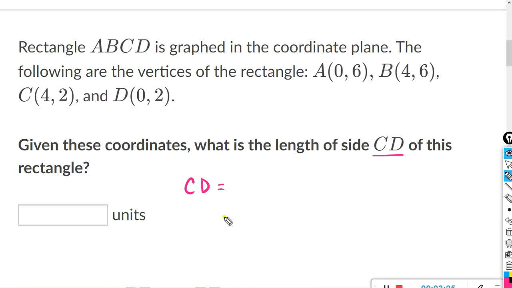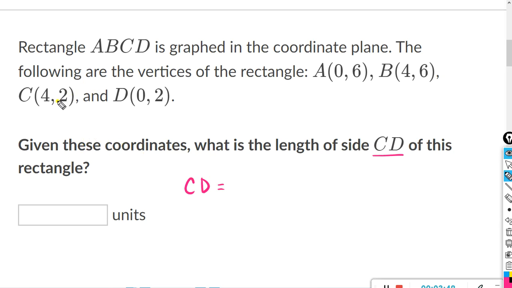Okay? The reason it's not necessary is because when we subtract the y values, 2 minus 2, it's just going to be 0. All right? So when you have x or y coordinates that match and you're calculating length or distance, you can ignore those coordinates. Okay?